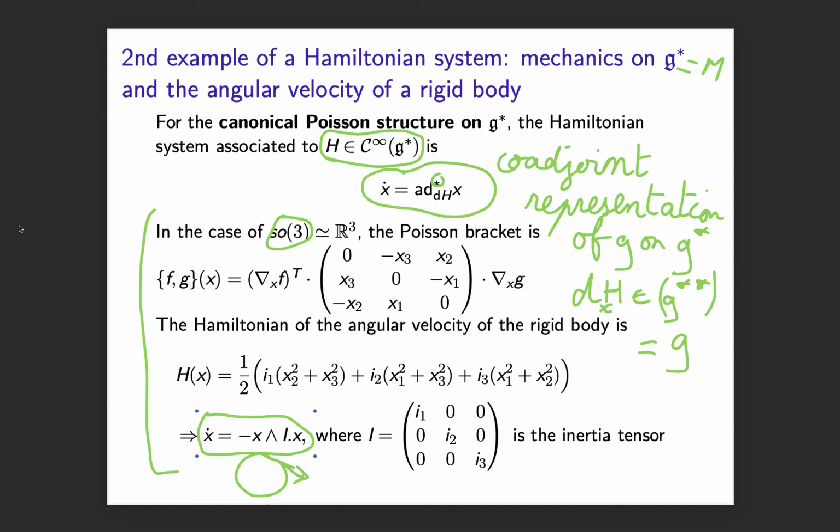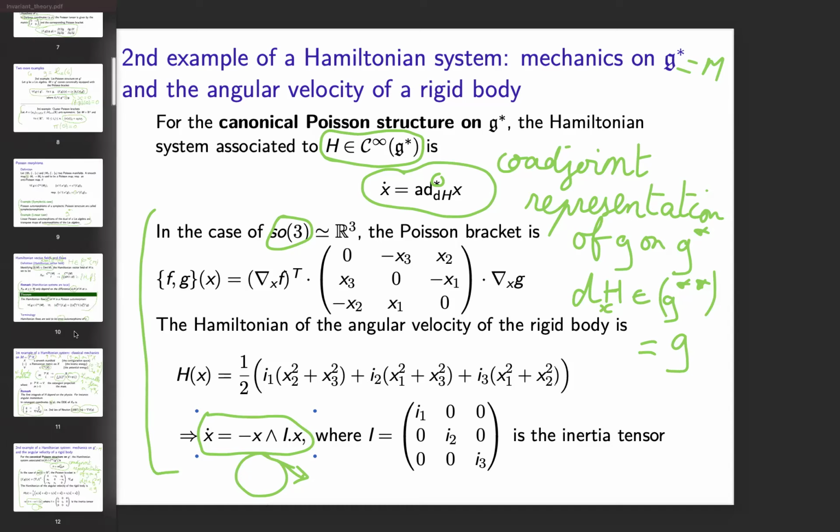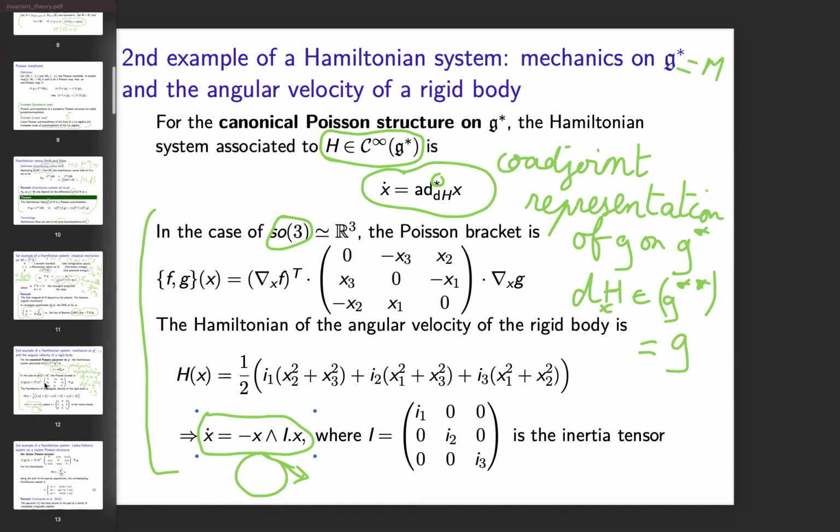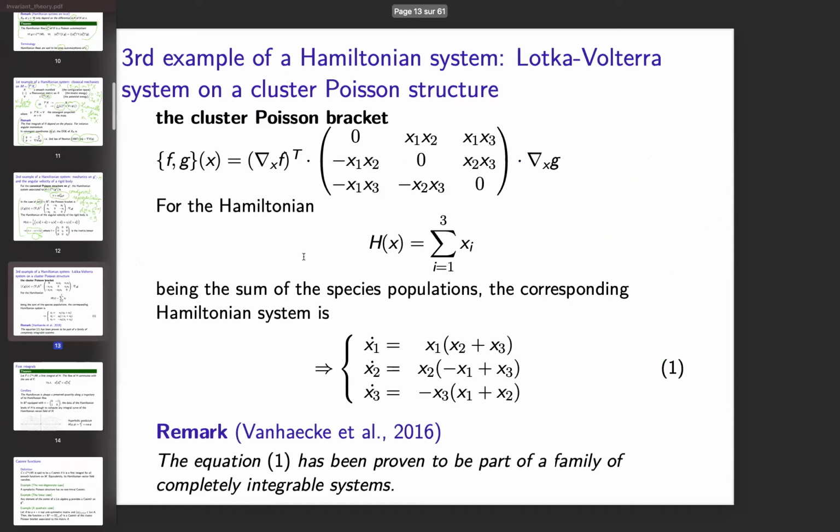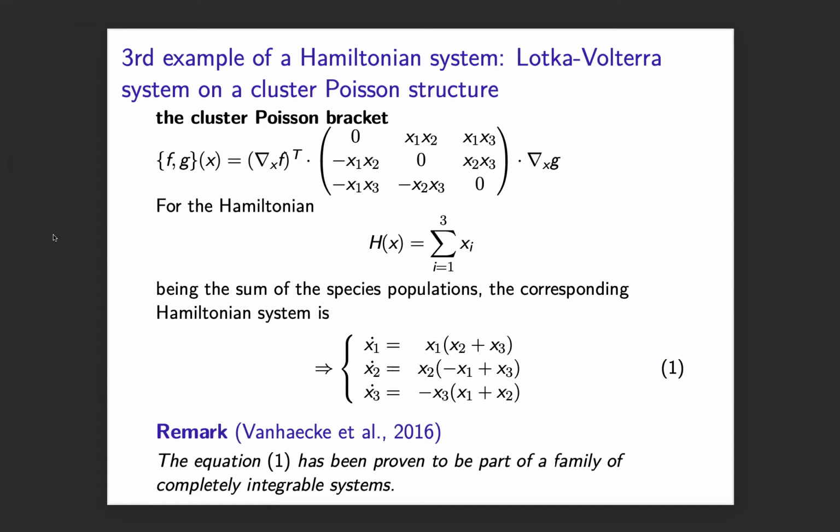And now let us look at our third example. Our third example of a Hamiltonian system is called Lotka-Volterra.